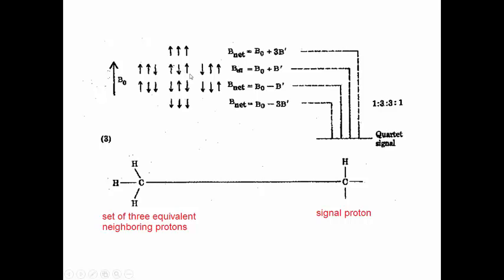If you count them all up, that's going to become four different local magnetic fields. 1, 2, 3, 4. So our single proton feels four different local fields, and it's going to create then four different signals, or a quartet.